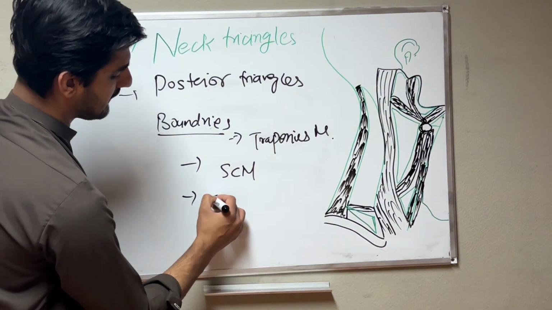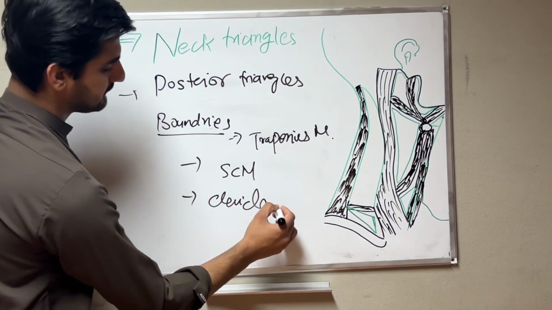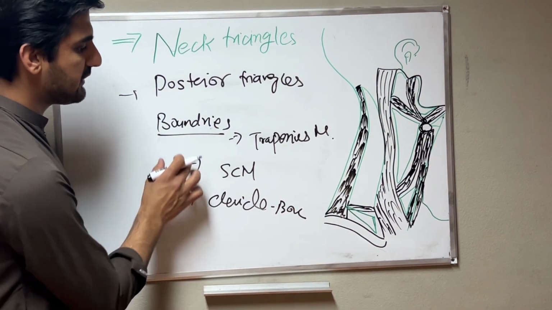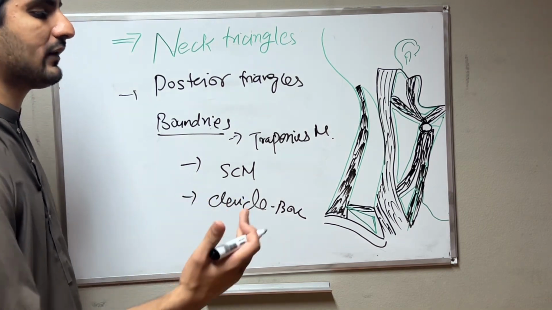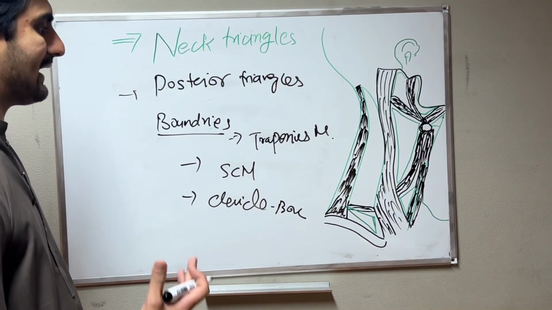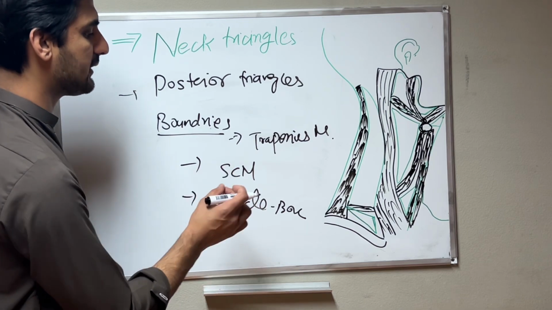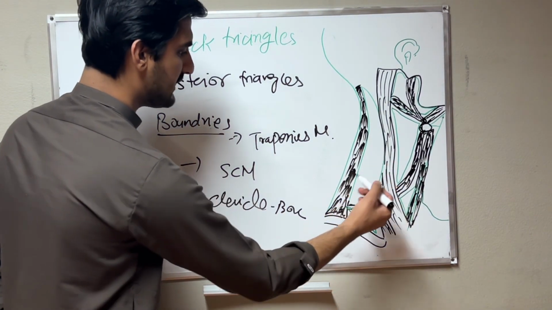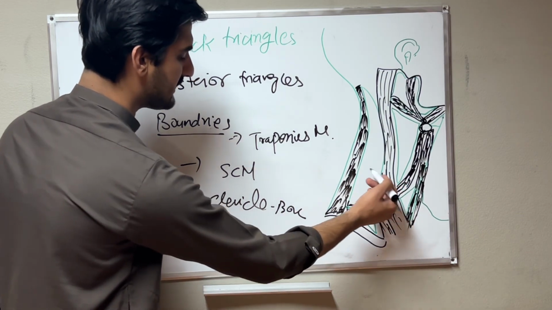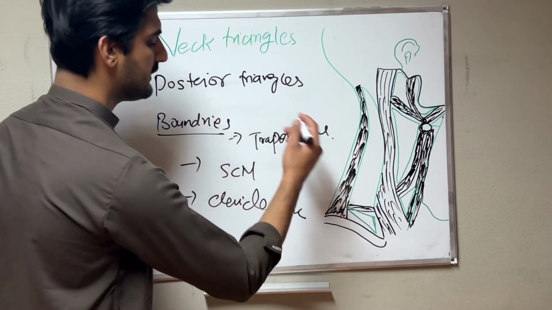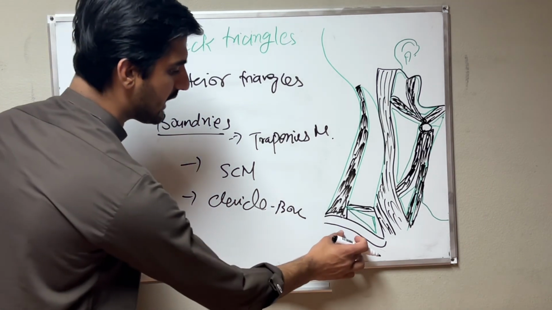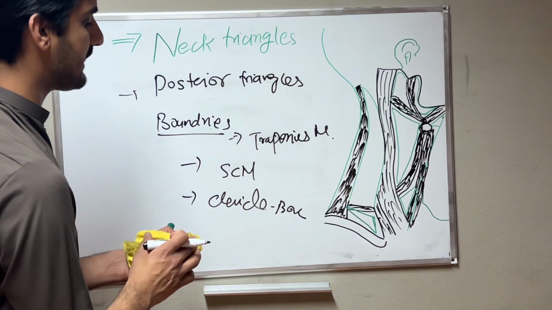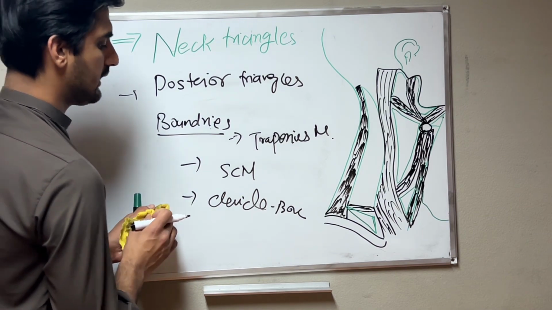In the viva, professors mostly ask about the boundaries of the posterior triangle. You show: in back we have the trapezius, in front the sternocleidomastoid muscle, and inferiorly the clavicle.